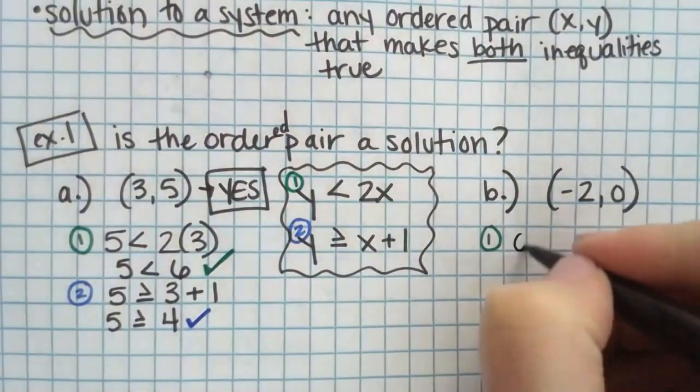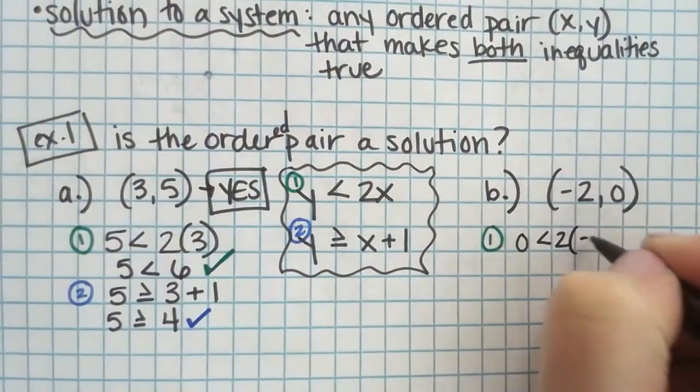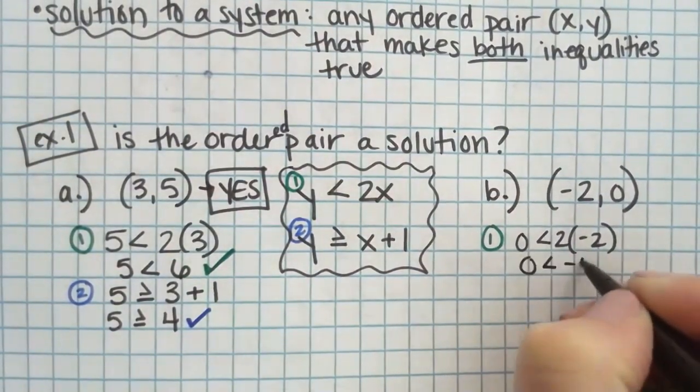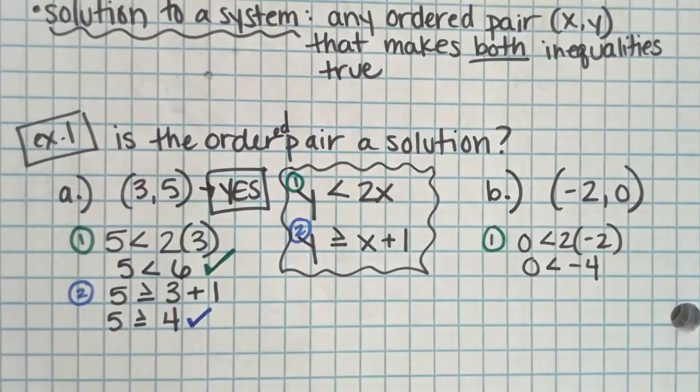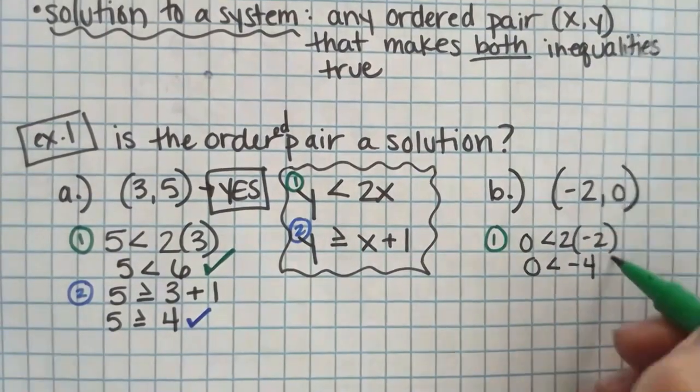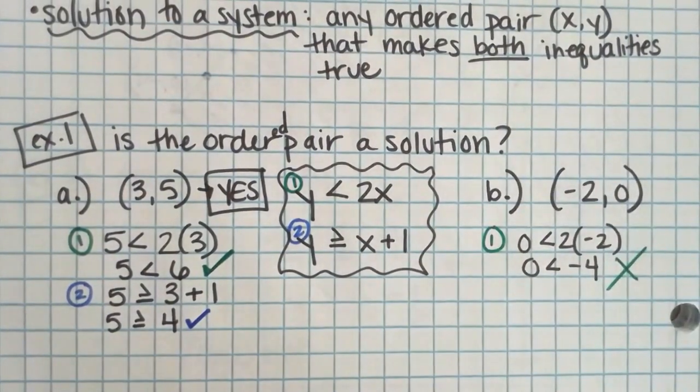We'll say that 0 is less than 2 times -2. 0 is less than -4. Is that true? No. Good. No, this is not true. 0 is not less than -4. It's greater than -4. So we can stop right here.